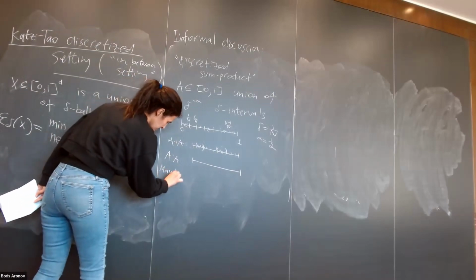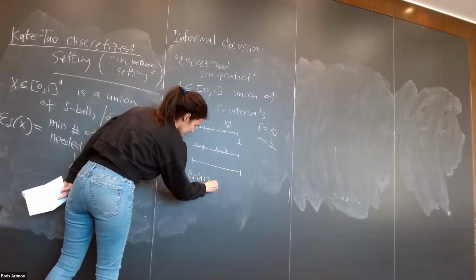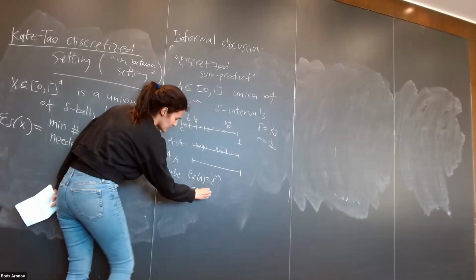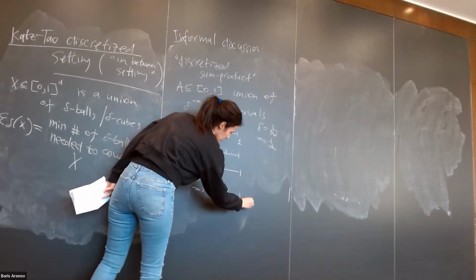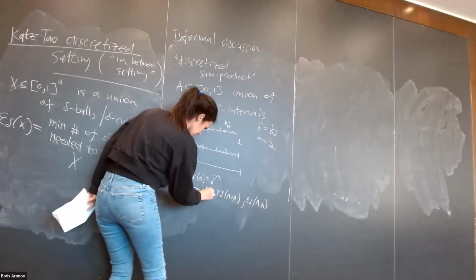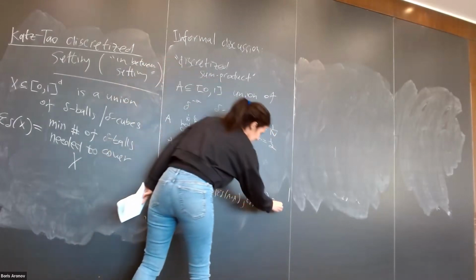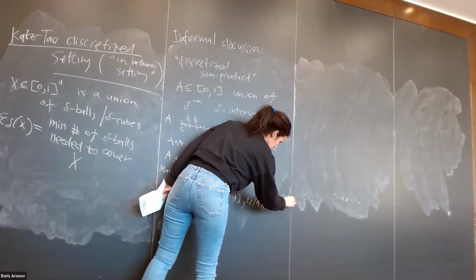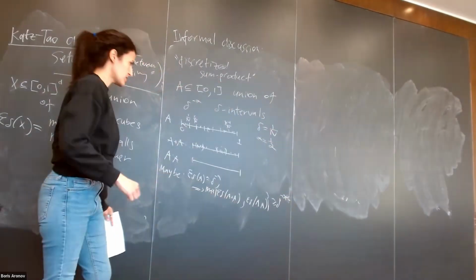Maybe if the covering number of A is at least delta to the minus alpha, or equals delta to the minus alpha, it implies that either the covering number of A plus A or the covering number of A times A is at least something bigger than that, delta to the minus alpha minus C, for some positive C. Maybe it's true.